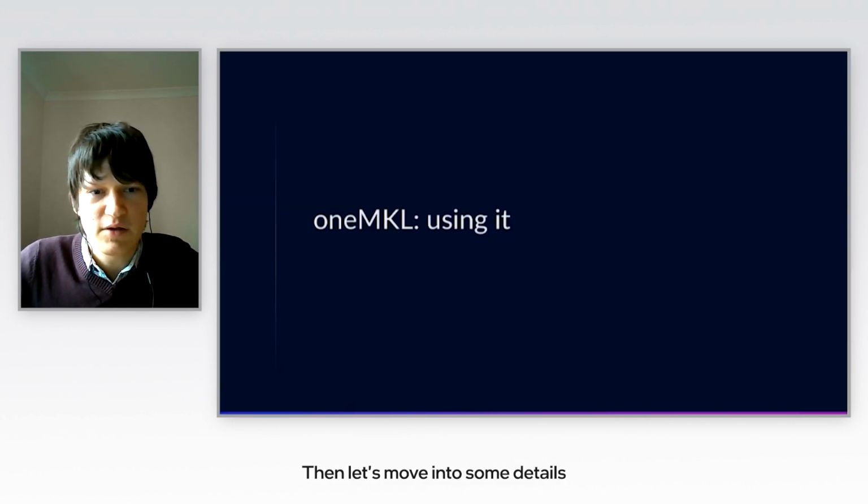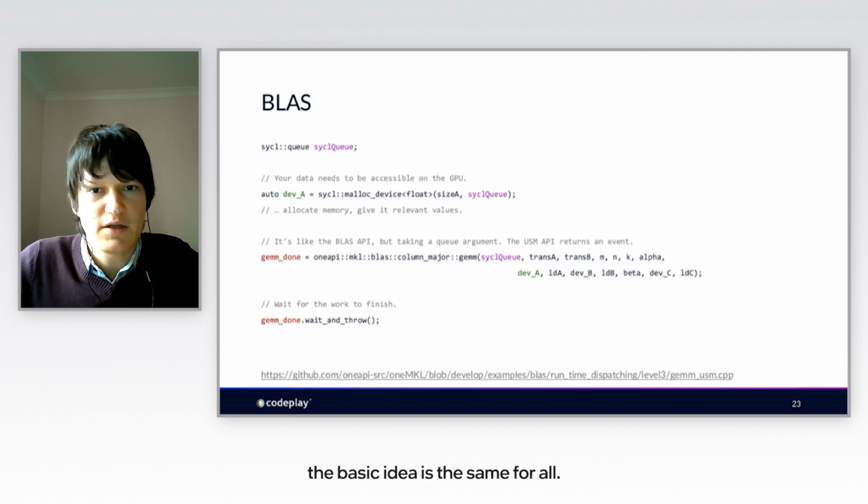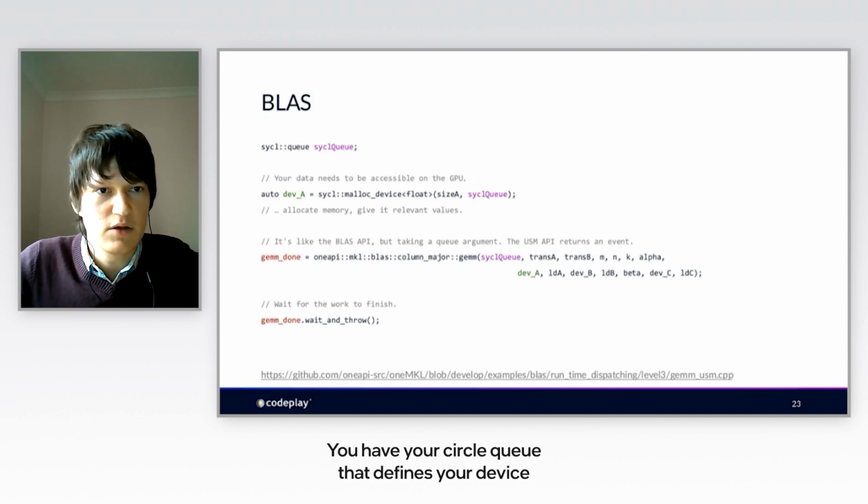Then let's move into some details of using the specific domains. Starting with BLAS, which is the simplest. The basic idea is the same for all. You have your SYCL queue that defines your device that you're running on. You allocate some memory.